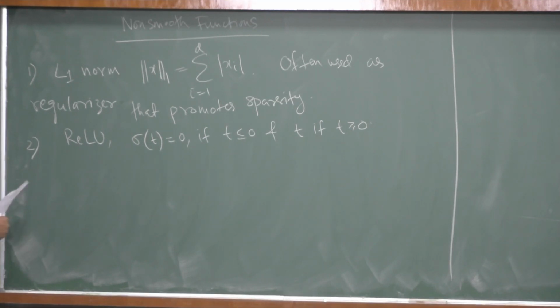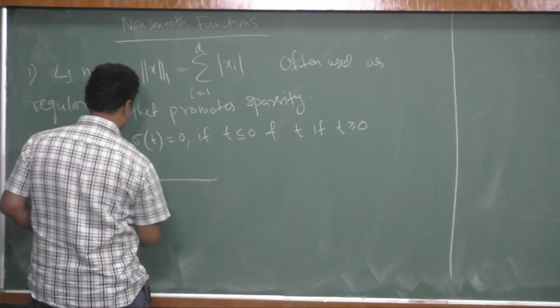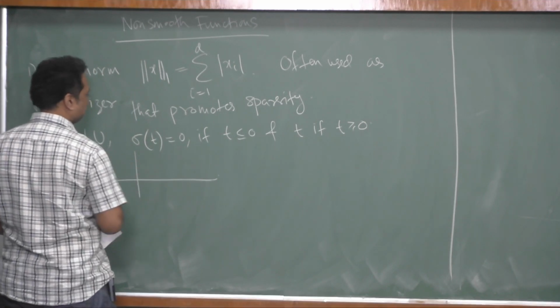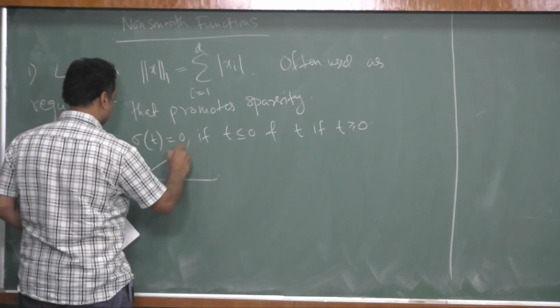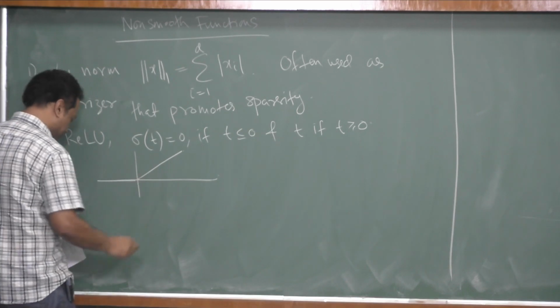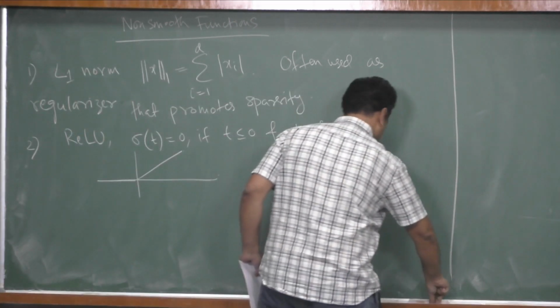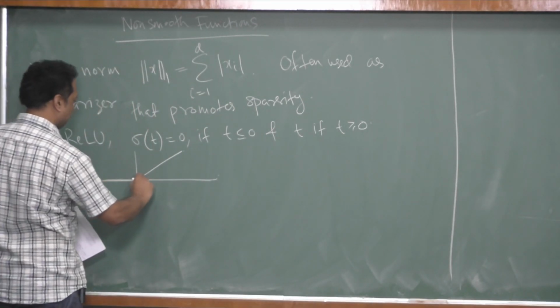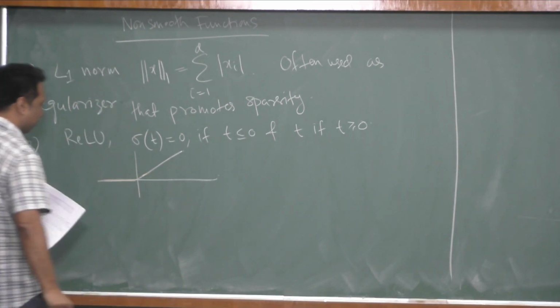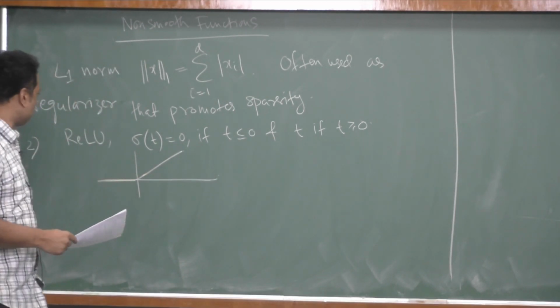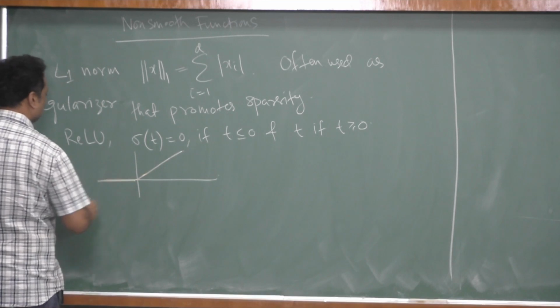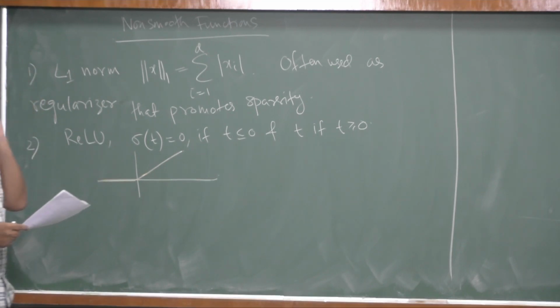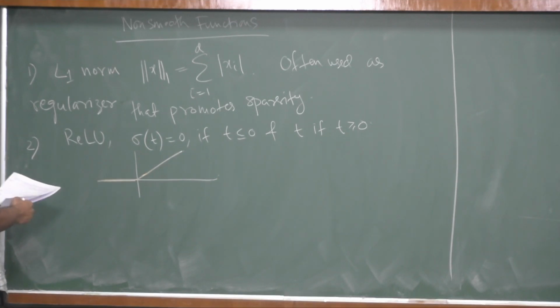So this is defined as an activation function, where it is 0 until 0, and then t after that. So this is the well-known ReLU activation function. Obviously, it has non-smoothness here. Okay, so we have seen non-smoothness in previous classes as an introduction, but here we will now go into theory, convergence, and so on.